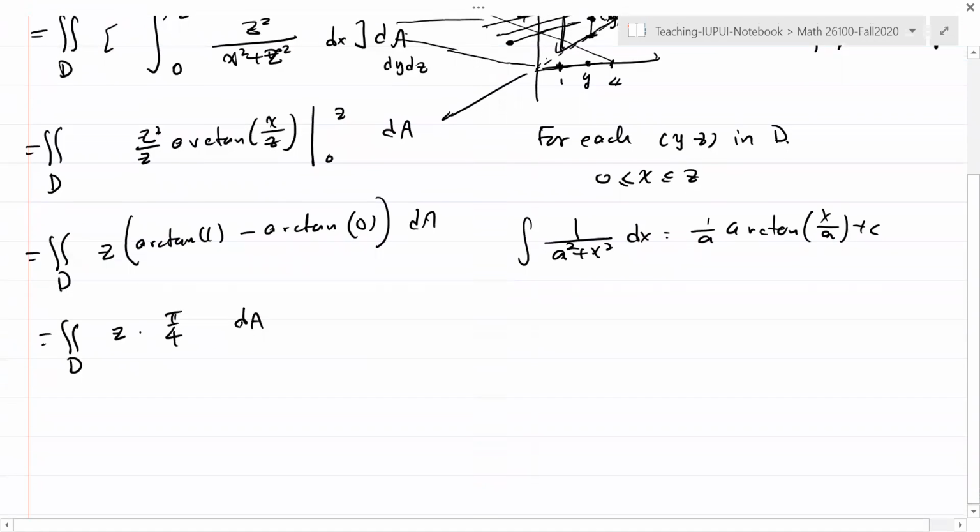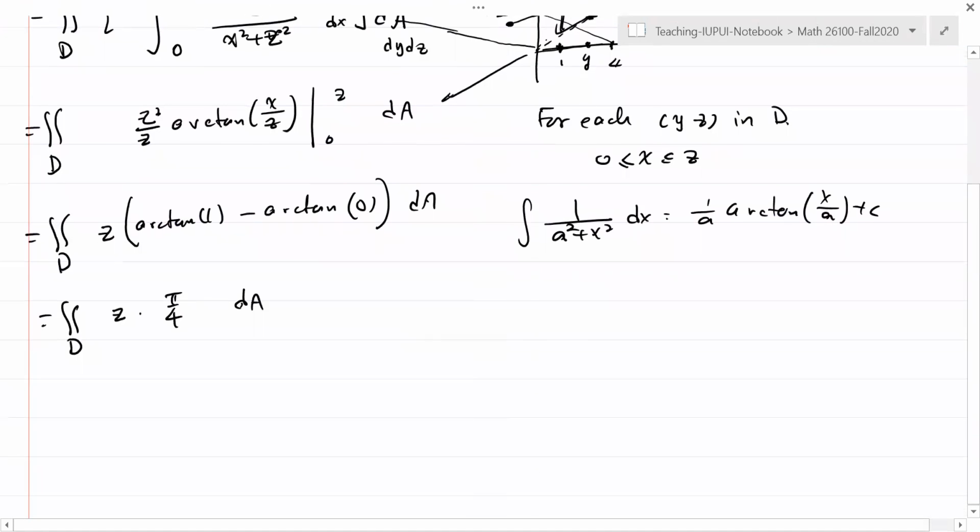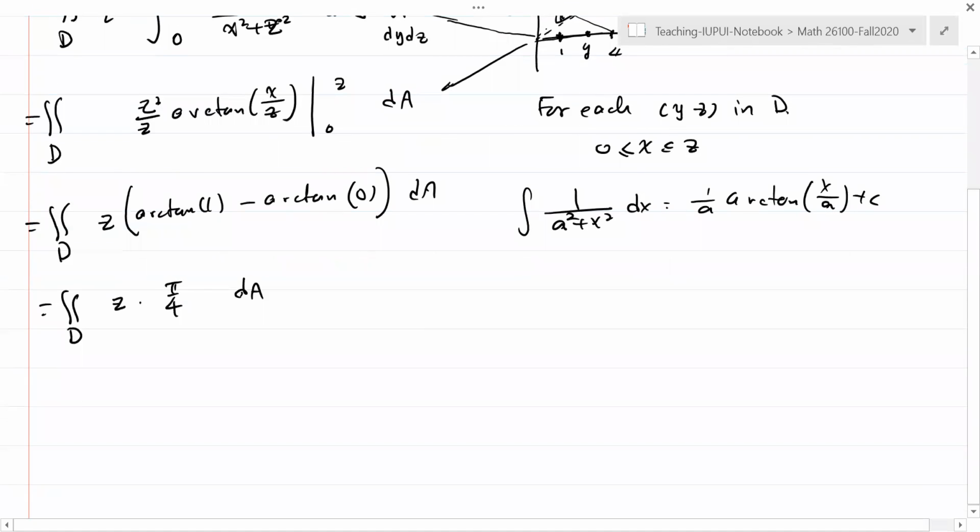Now you have this double integral over y and z over this triangle. Then you can use any iterated integral. You can still use dz dy.